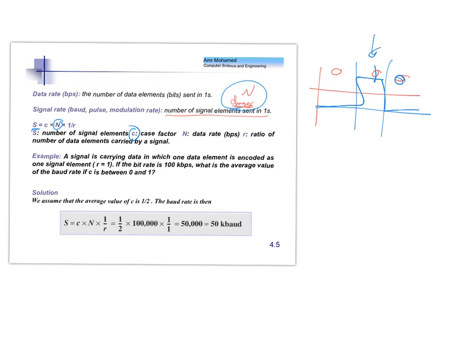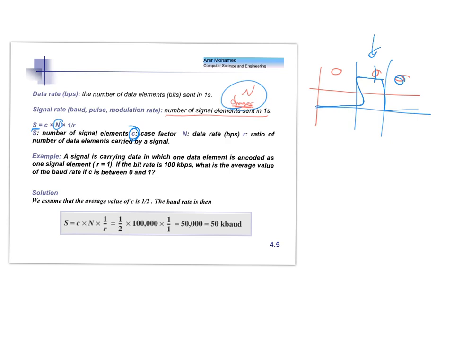So the actual frequency required in terms of signal rate or baud rate depends on the probability of the different bit patterns, whether it's 000 or 010 or 110, or the ones we talked about before. The actual signal rate is somewhere in between, and it's accounted for by this case factor. So this case factor gives you the average baud rate or signal rate given N, which is fixed, and R, which is fixed.